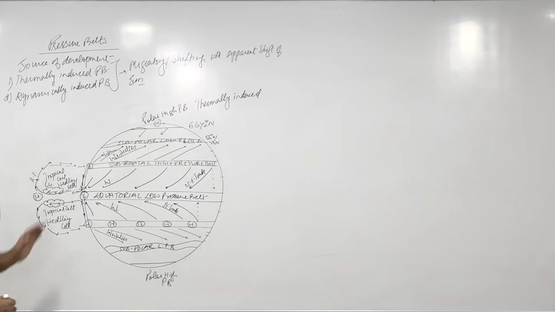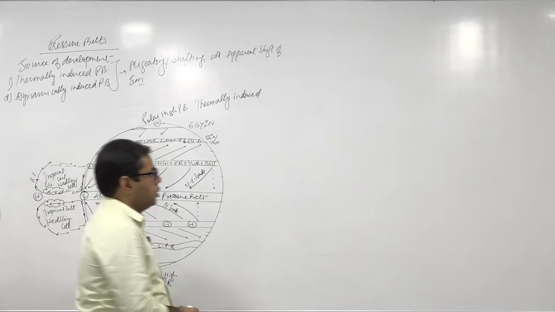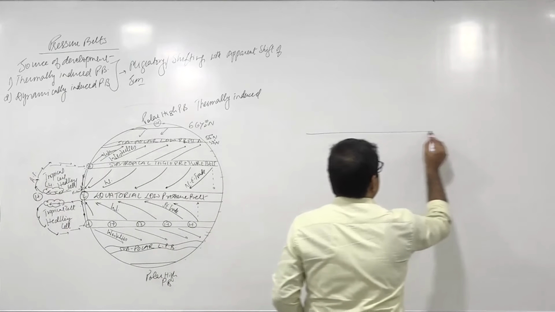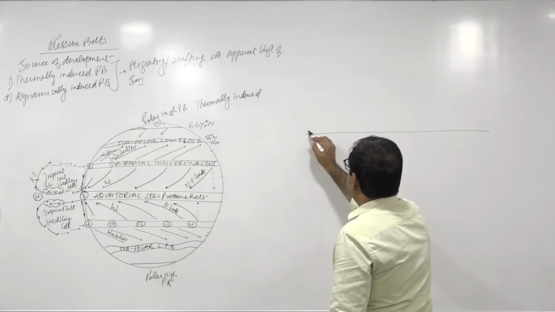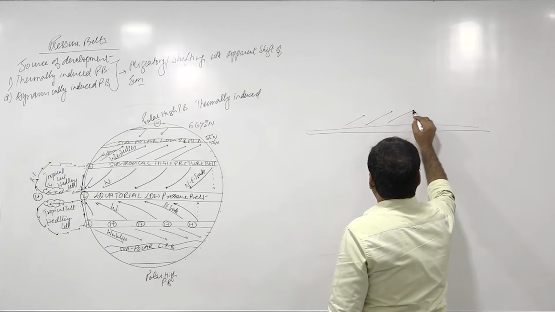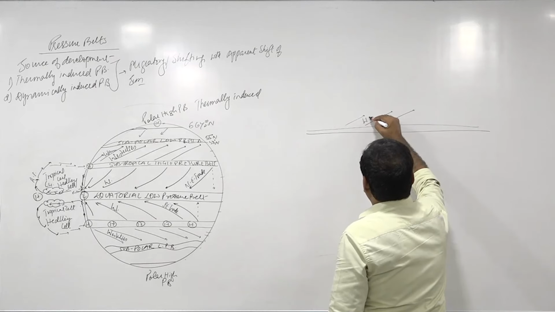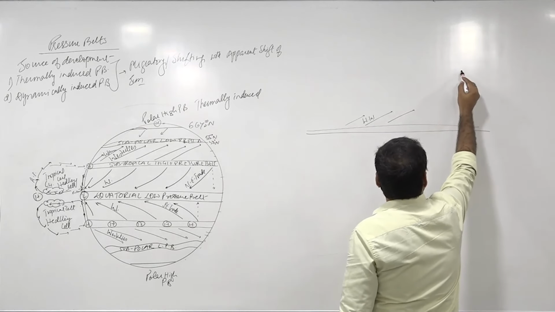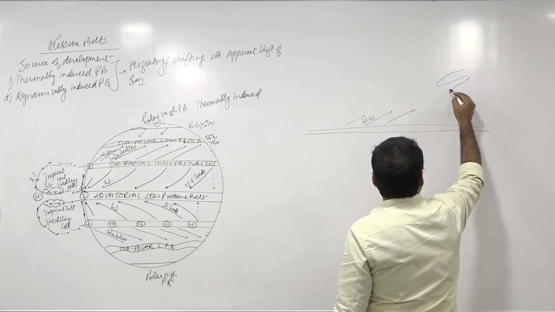I am just making a rough map here, this subtropical high, and they are moving towards the east. These are warm westerlies and they are reaching over the western part of Europe.